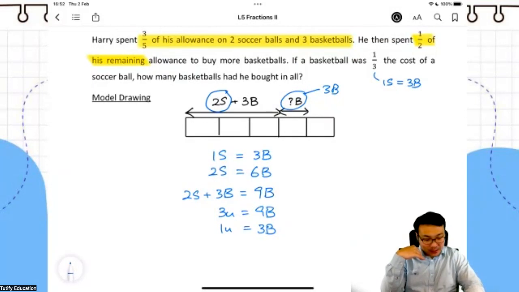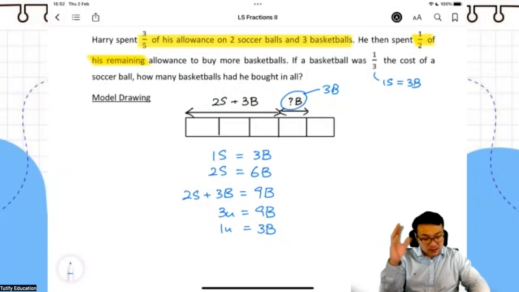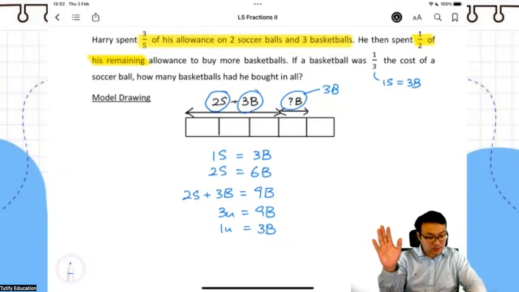I'm just temporarily changing it to 9 basketballs just for the sake of finding out how many basketballs is 1 unit. But in reality, when I do my working, I'm changing this to 9 basketballs. But what is the real situation? In reality, he did not buy so many basketballs. He actually bought 2 soccer balls and 3 basketballs.